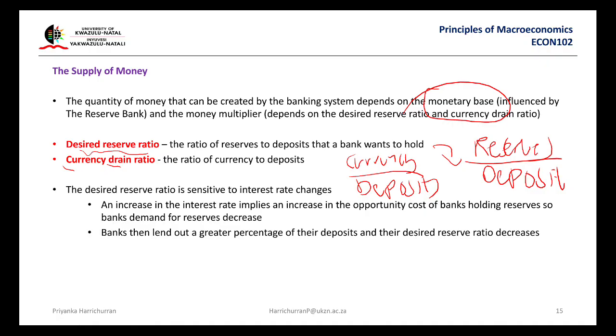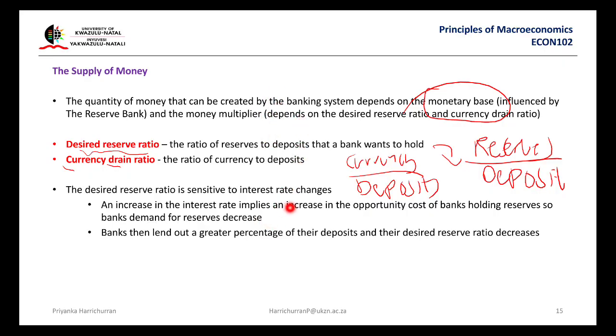Okay, so an increase in the interest rate implies an increase in the opportunity cost of the reserve. Let's say the interest rate goes up. Now we're looking at the bank's perspective. What happens to the reserves? If the interest rate goes up, it will be better for the bank to take the money out of the reserves and loan it out to people, because then it can get more money.